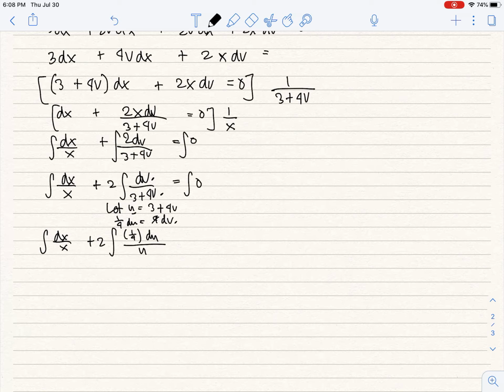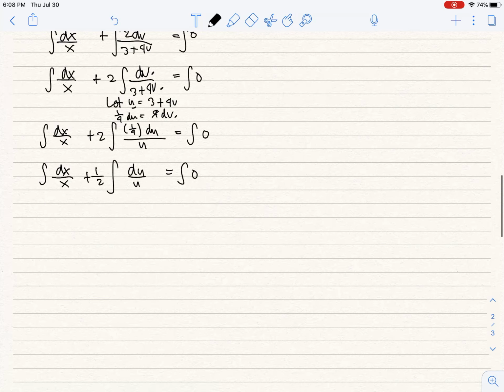So this is u equals to the integral of 0. Then simplify the second term of the equation before integrating. This is pagawas na ang 1/4, so 1/4 multiplied by 2 is just 1/2 du over u is equals to the integral of 0.